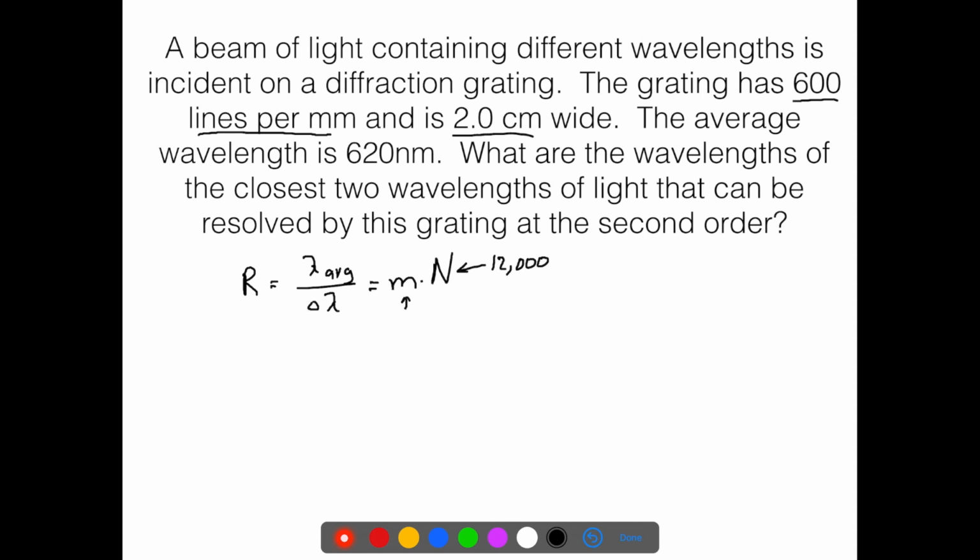Okay, that's a lot of lines going on there. It does say we're using the second order, so we'll put in the second order here. And now we're going to put in our average wavelength being 620 nanometers. All right, and so now let's see if we can find out what lambda is here.